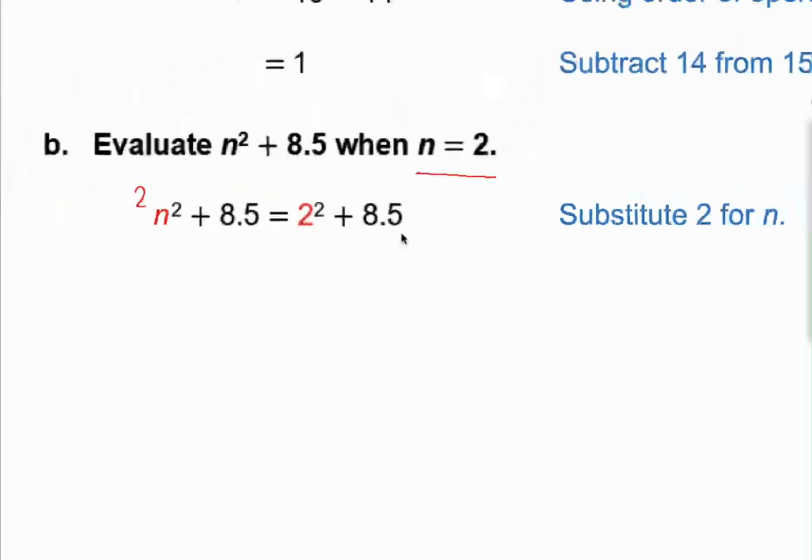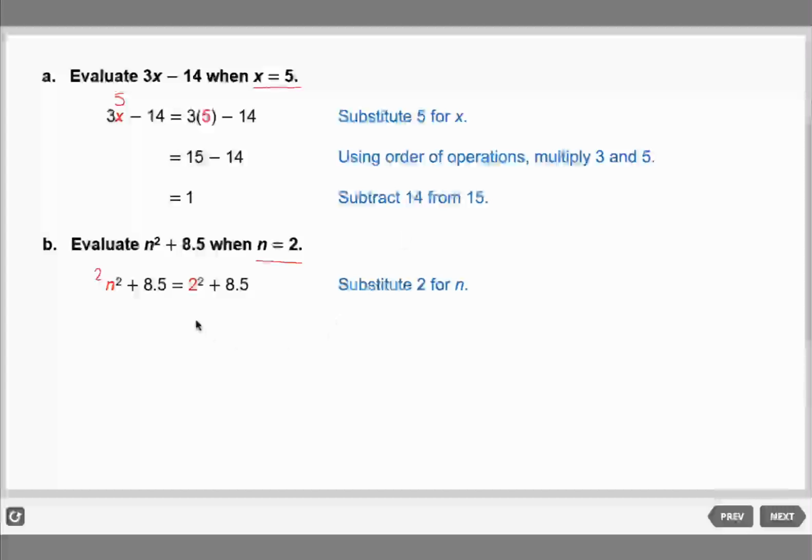According to the order of operations, we do the exponent first. 2 to the power 2 is 2 times 2. When you raise anything to power 2, you multiply it by itself. 2 times 2 equals 4. Then do the addition: 4 plus 8.5 equals 12.5.